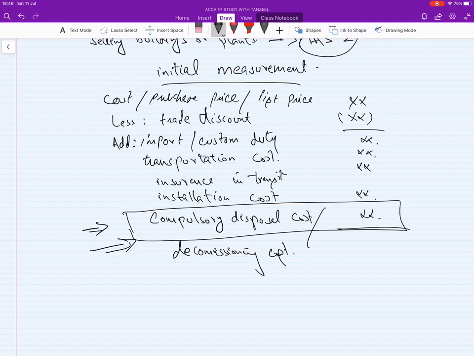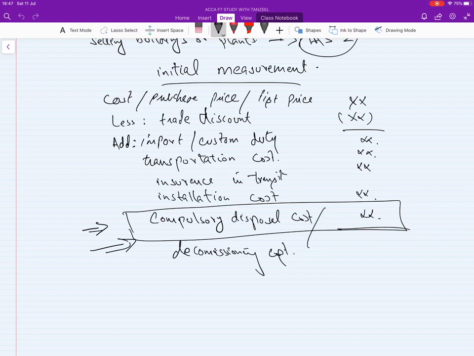And we have already studied that whatever expense you are going to incur after 12 months, you have to record at its present value. Suppose you have a 20 year project, so after 20 years you have to dismantle it. That dismantling cost and restoring the land cost will be recorded at the present value of their future cash flow.